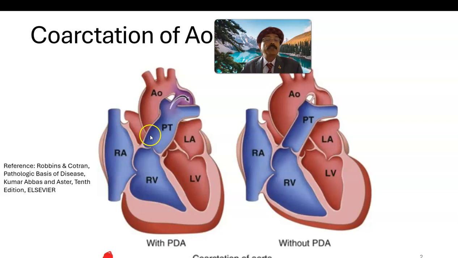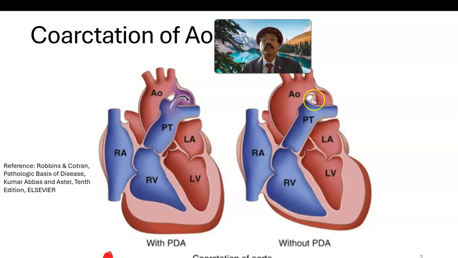Okay, so this is the infantile form. Here there is narrowing, coarctation of the aorta. This is the ductus arteriosus. This is patent. It is directing blood from the pulmonary trunk to the arch of the aorta. And this is the adult form.